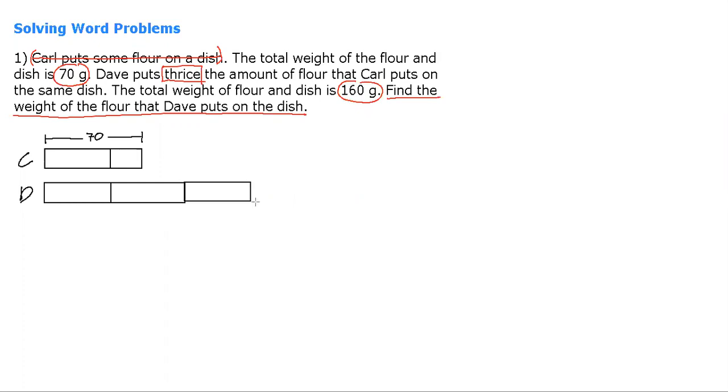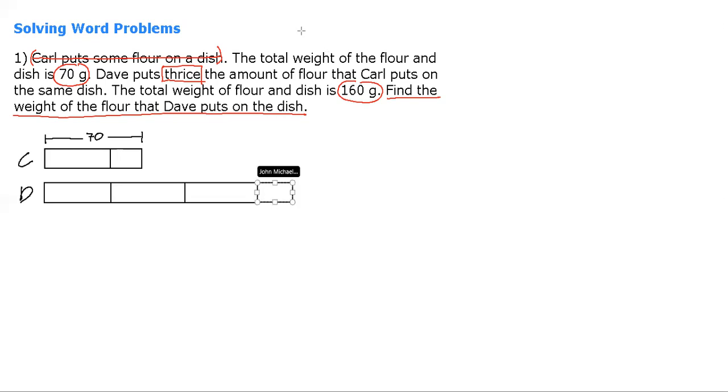So what you're about to see is 3 blocks to represent thrice the amount, provided there is 1 block additional. It's a little bit short. The reason is this represents the weight of the particular dish.